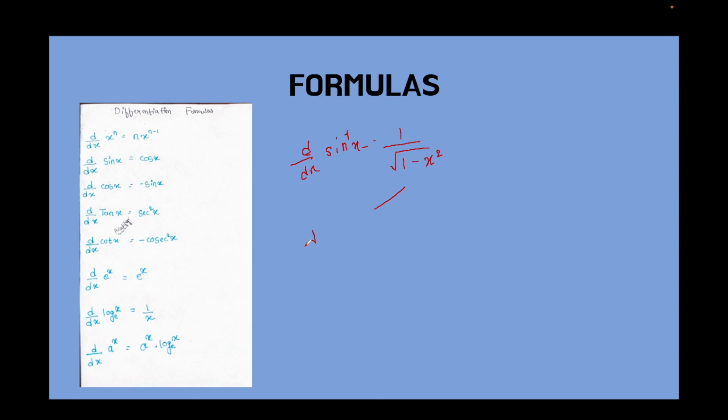Okay, differentiation of cos inverse, if you take, is the same but with minus sign: minus 1 by root 1 minus x square. Differentiation of tan inverse is what? 1 by 1 plus x square. Okay, note it down.